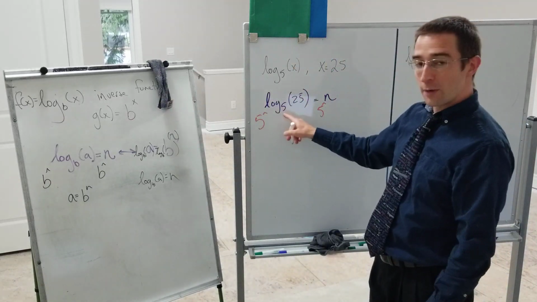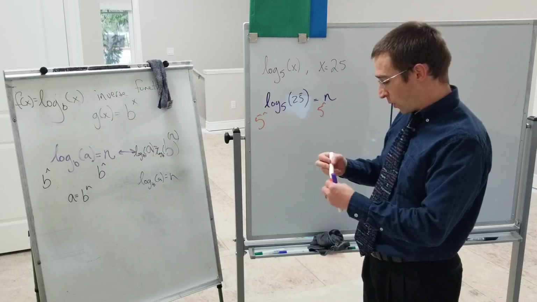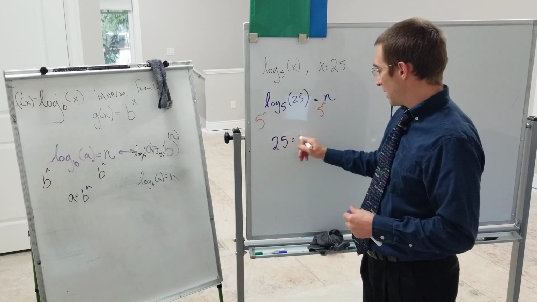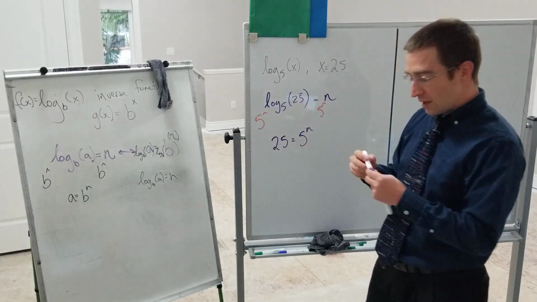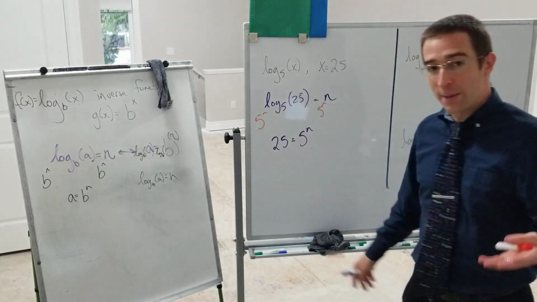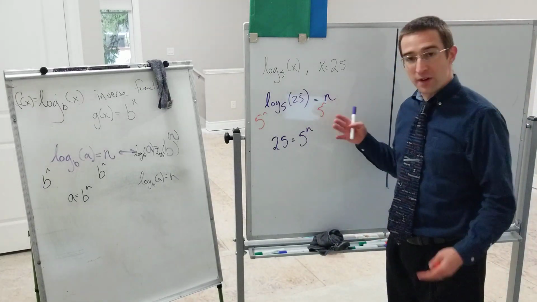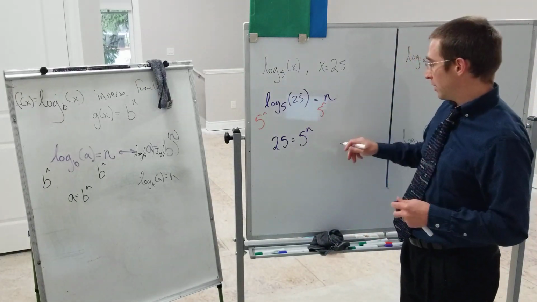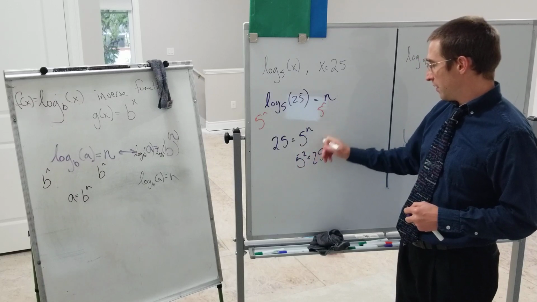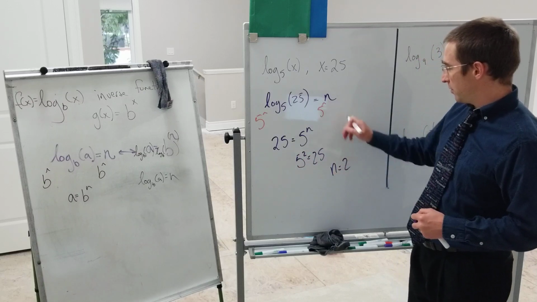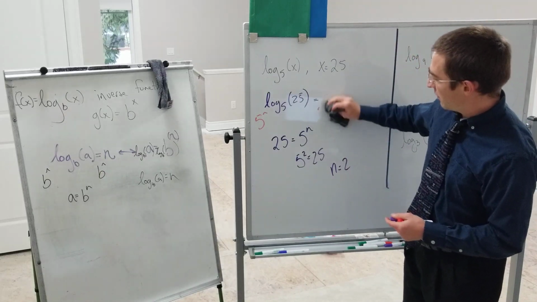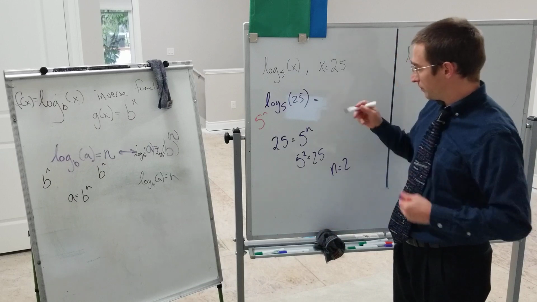So 5 to the log base 5 cancels out, so we get 25 equals 5 to the n. And now our goal is just, what number can I put in for my exponent? 5 to the what gives me 25? Well, we know 5 squared equals 25. So that means n equals 2. So log base 5 of 25 equals 2.